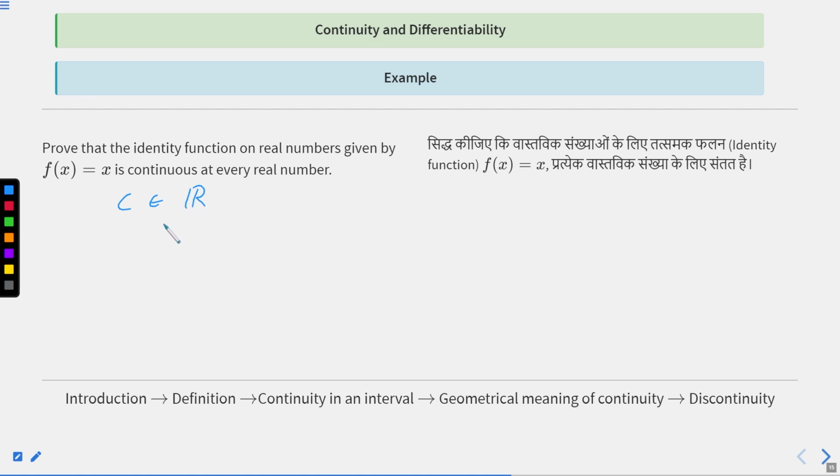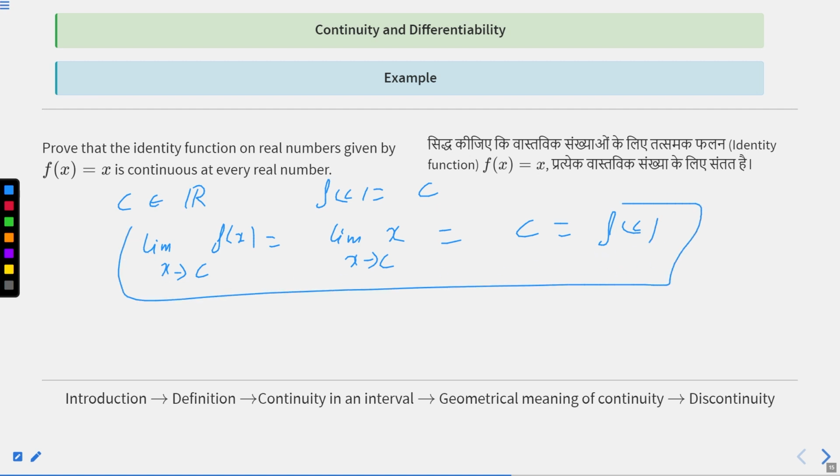The domain is the whole real number set R. So first of all, f of c will be just c. Limit x tends to c of f of x will be limit x tends to c of x, and this will be just c, which is nothing but f of c.